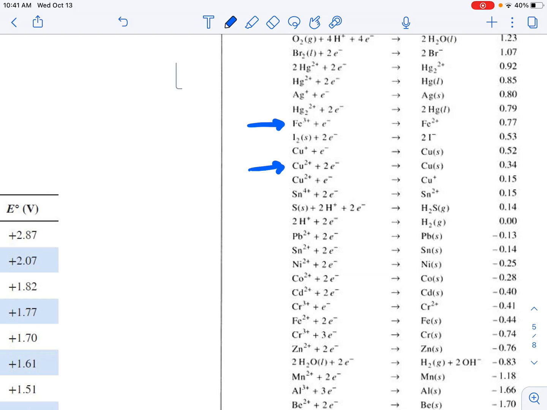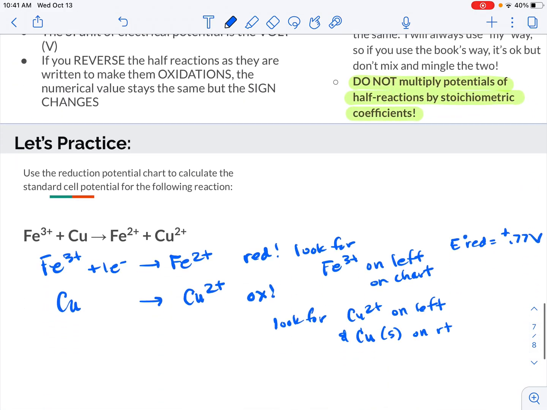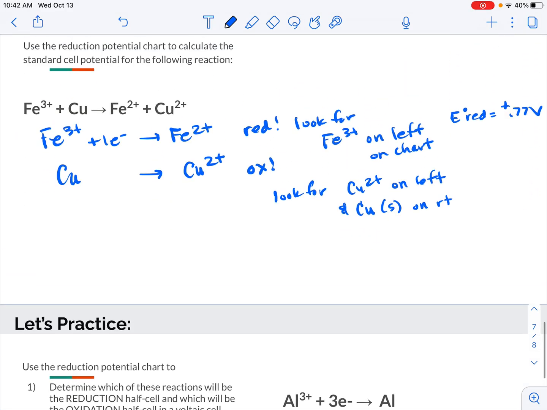This means when I reverse the reaction, like I have below, it's going to be an oxidation potential of negative 0.34. Okay, so I'm going to come in here and say my E of oxidation, I have plus 2 electrons here, and my E of oxidation is negative 0.34 volts.